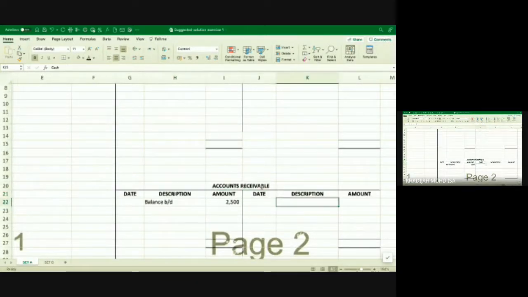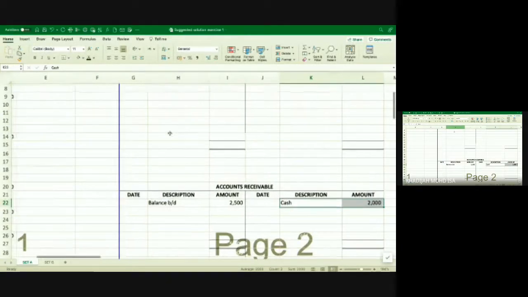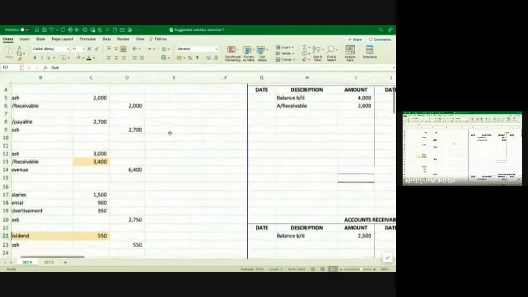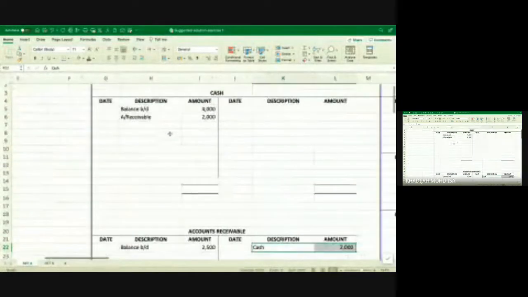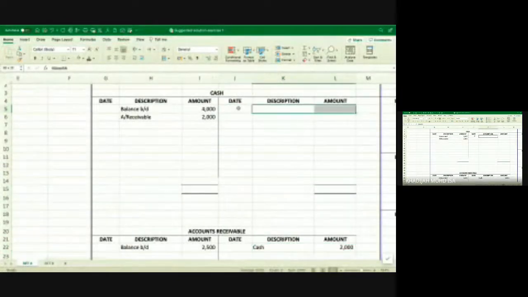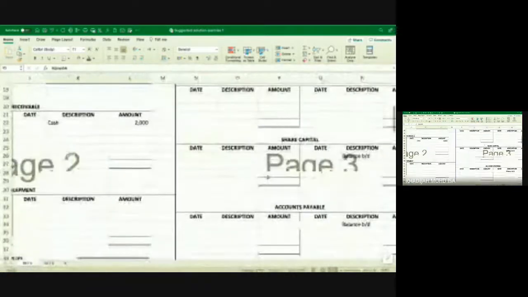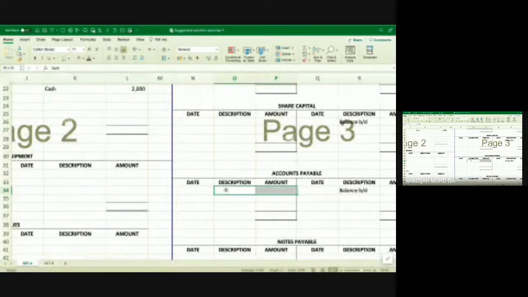Then you put in a credit of 2,000. Right, so that's the first one. The second one, you have accounts payable debit 2,700, cash 2,700. So cash is another 2,700. And then where's your accounts payable? It's somewhere here, so you debit your accounts payable 2,700.